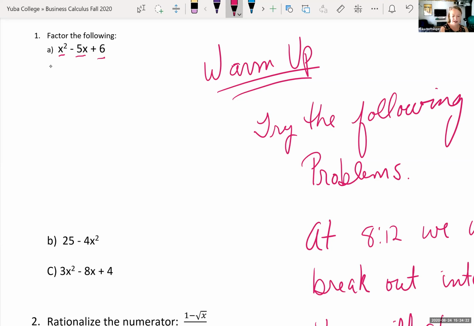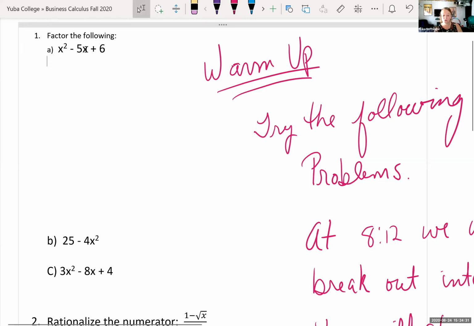So there's no greatest common factor. Then I look at how many terms, which clues me in to how I'm going to factor. I have 3 terms. It's a quadratic, and my coefficient in front of the x squared is 1. That makes my life so much easier.